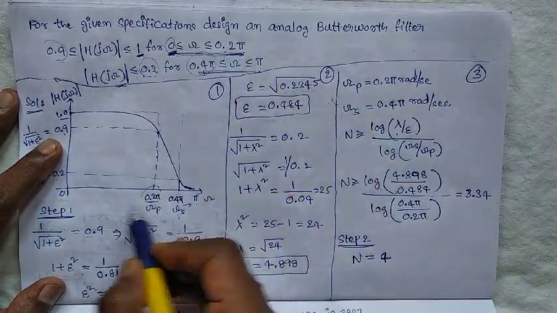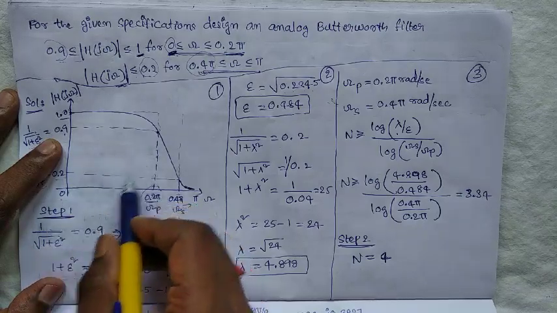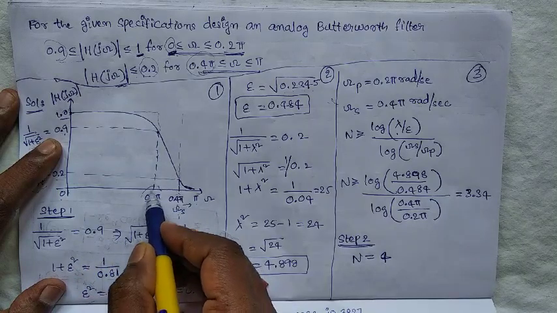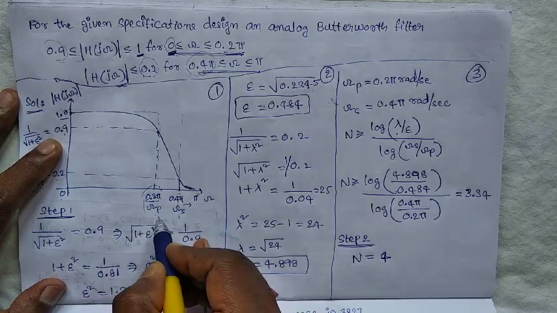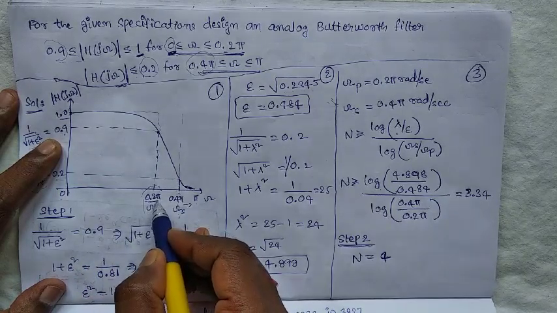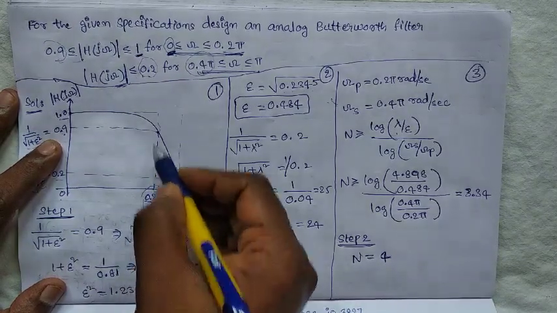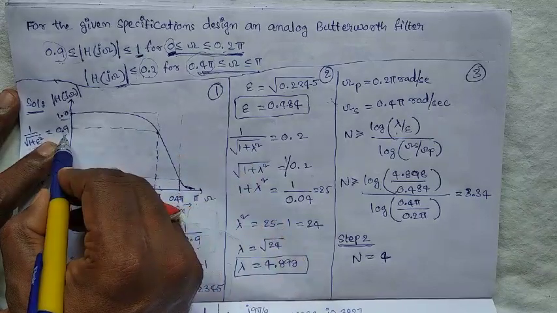This indicates the response in the pass band. What is the pass band frequency? Omega p equal to 0.2 pi is the pass band frequency. At this pass band frequency, the magnitude is 0.9.